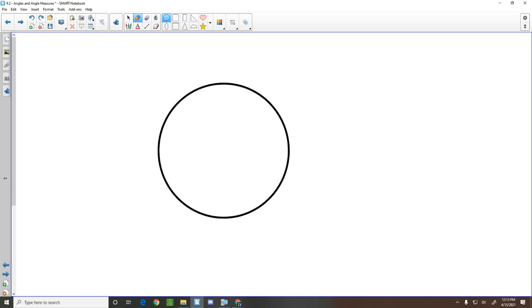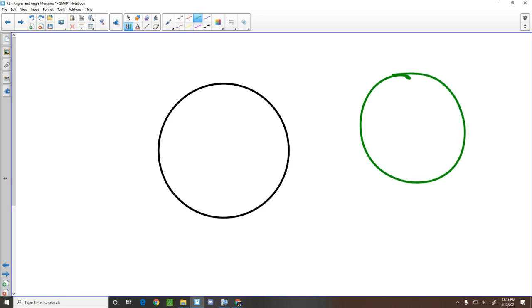Let me draw a circle freehand. Oh, what? Did you see me? What do you mean there's no way? I could draw a really good circle. Pressure's on now. Pretty solid, actually.